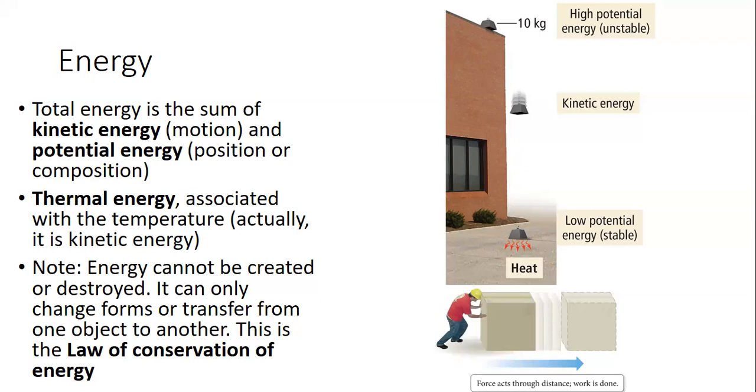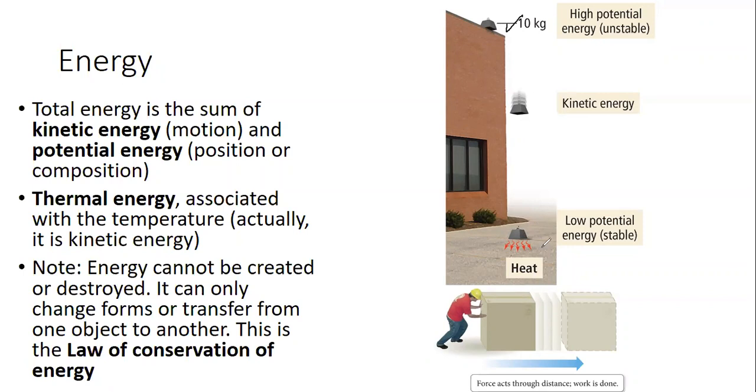Here on the right, we have an example where we have a weight at the top of a building. Due to gravity, anything that's high up will have a lot of potential energy, right? Because if you drop this weight, all of this energy that is stored up due to height is being transferred to kinetic energy until it finally hits the ground.